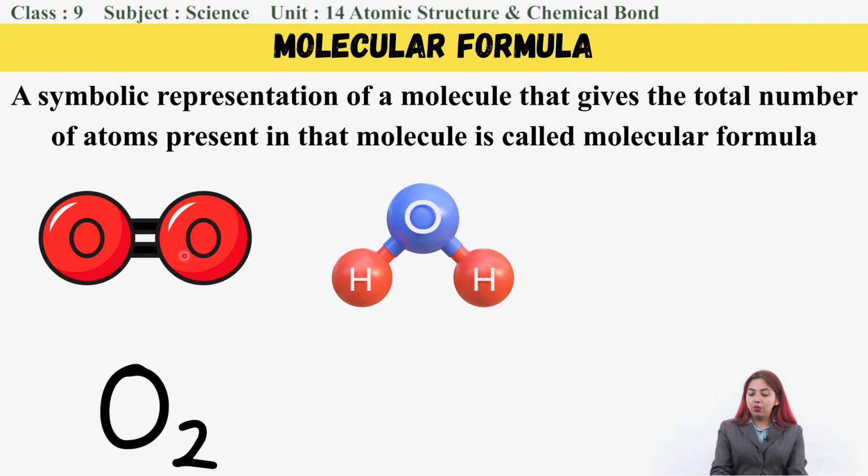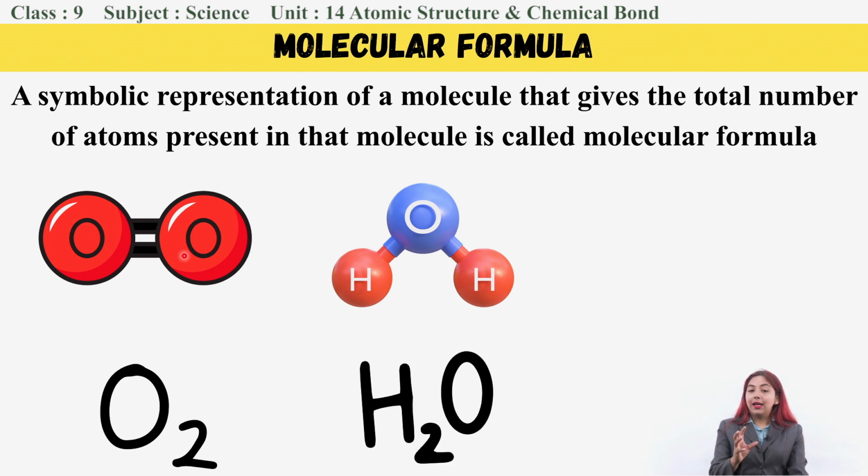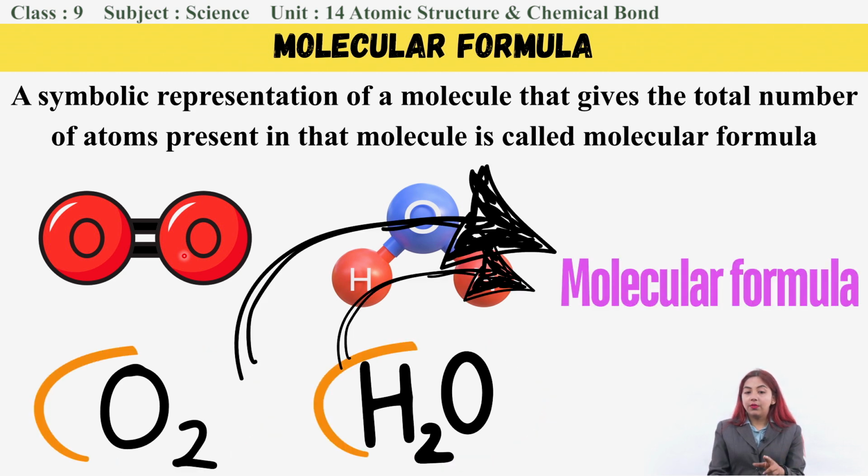Similarly, in H2O, you can see that there are 2 atoms of hydrogen which have a chemical bond to one single oxygen atom. So these symbolic representations are the molecular formulas of oxygen and water respectively.